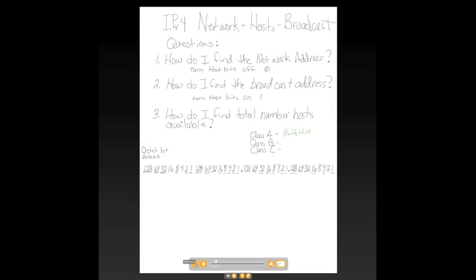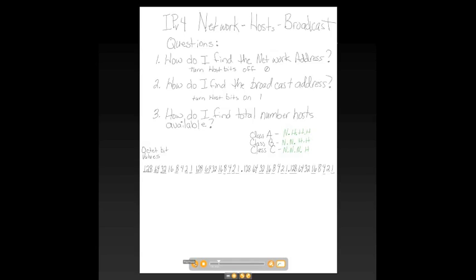On a Class B, the first 16 bits, or first 2 octets, belong to the network, and the rest are host. Class C, the first 24 bits belong to the network. The last 8 bits belong to the host.